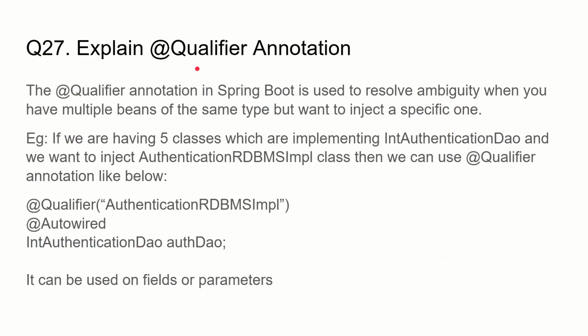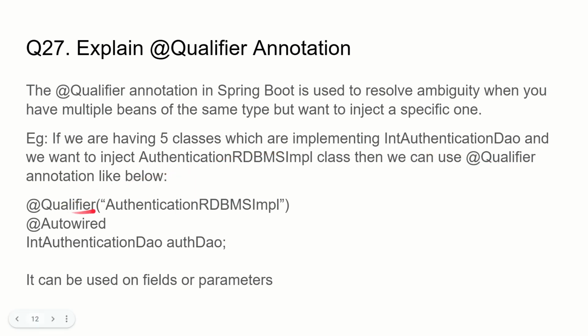Explain the @Qualifier annotation. This is again an important annotation from the interview perspective. The @Qualifier annotation in Spring Boot is used to resolve ambiguity when we have multiple beans of the same type, but we want to inject a specific one. So if we have 5 classes which implement a single interface, IAuthenticationDAO, and we want to inject the AuthenticationRDBMSImpl class, then we can use the @Qualifier annotation like below.